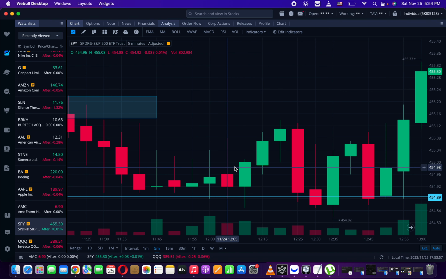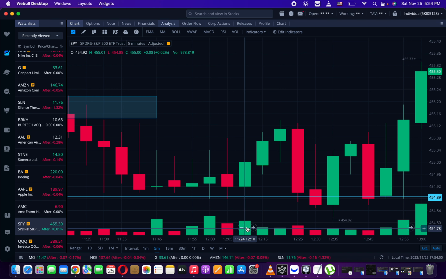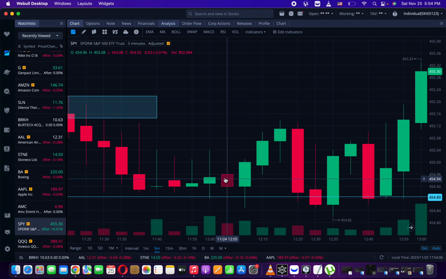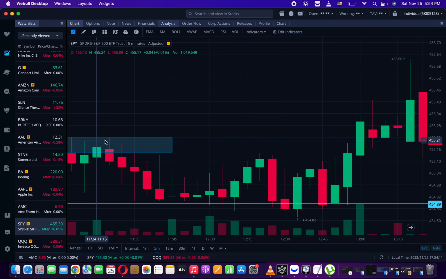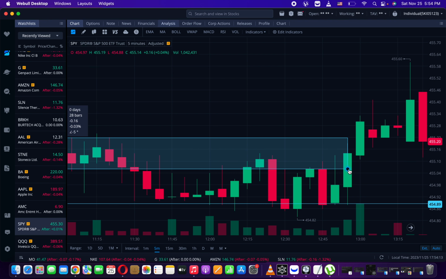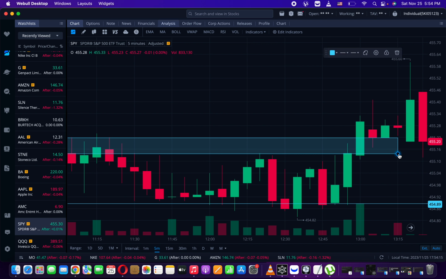And as the price moves up, we can see that there is still some supply present in the market because it did take quite a bit of volume to push the price up. So the supply is still present, which we saw over here. And this is a range that we will be looking at moving forward.